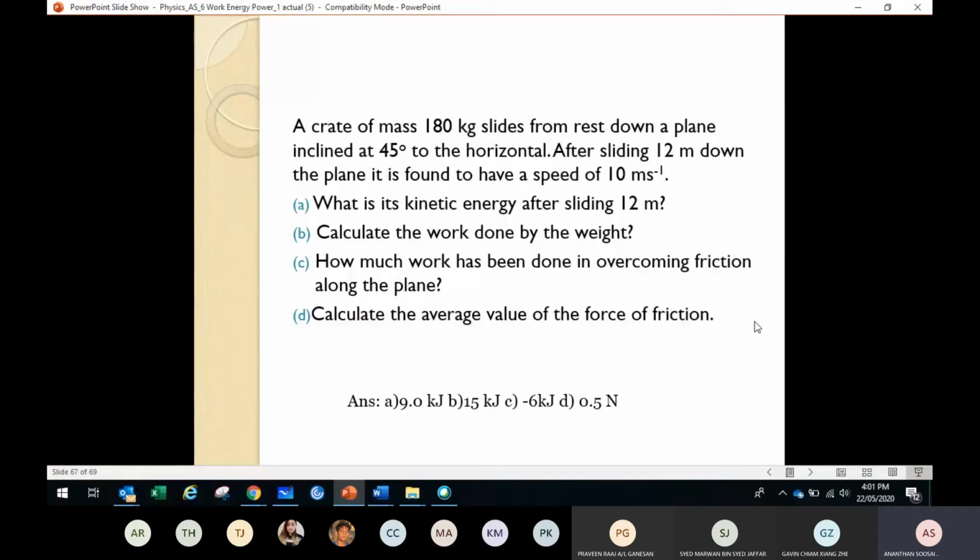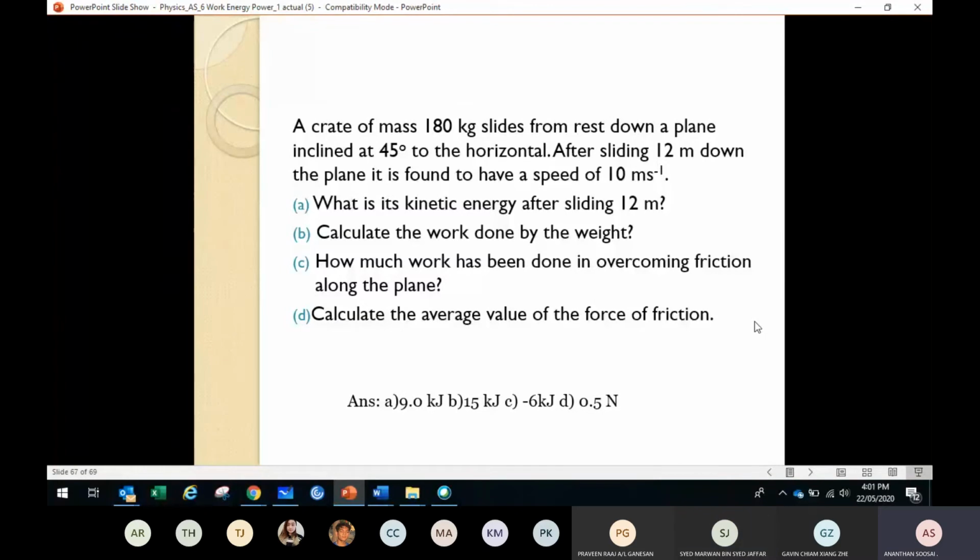Okay, work done by the thrust is how much? Is there any thrust here? No. It's a trolley, right? So you don't have an engine to move forward. So work done by the thrust, you take it as 0.